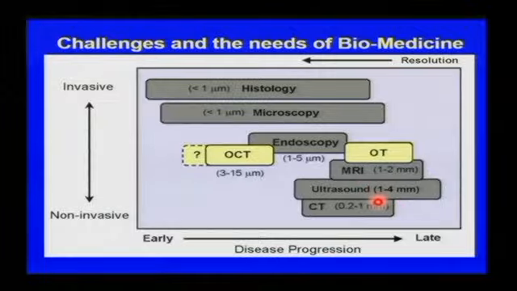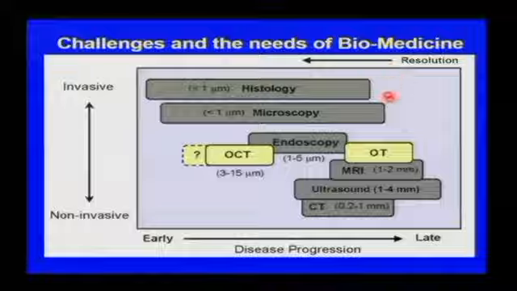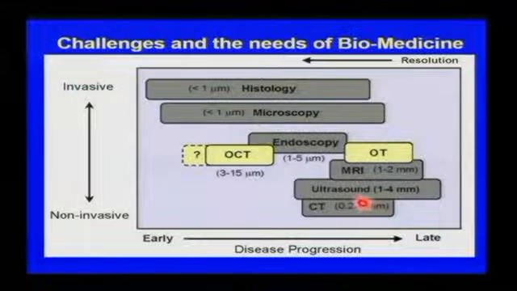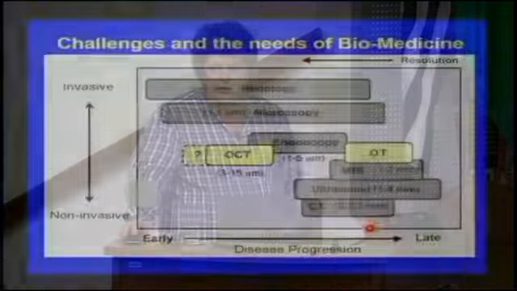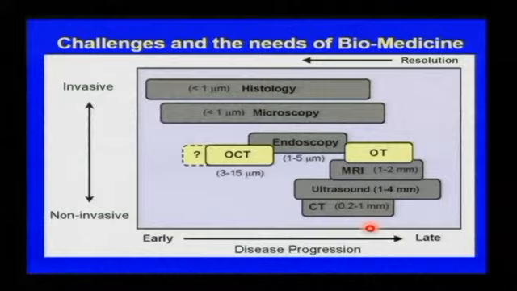First of all, they are imaging techniques that can give us reasonably good spatial resolution, about 1 millimeter. They are non-invasive. The problem is that they provide us information at quite a late stage of the disease. Also, they are quite expensive.